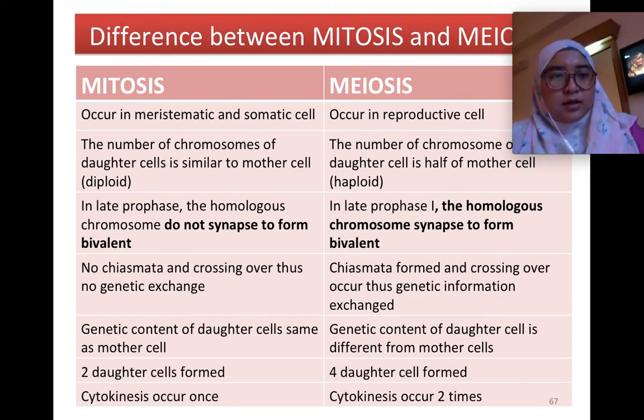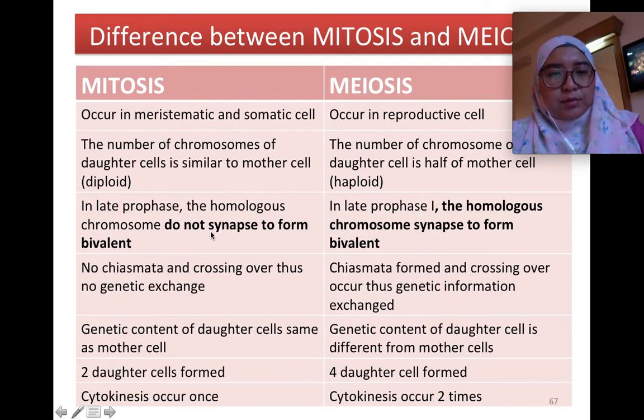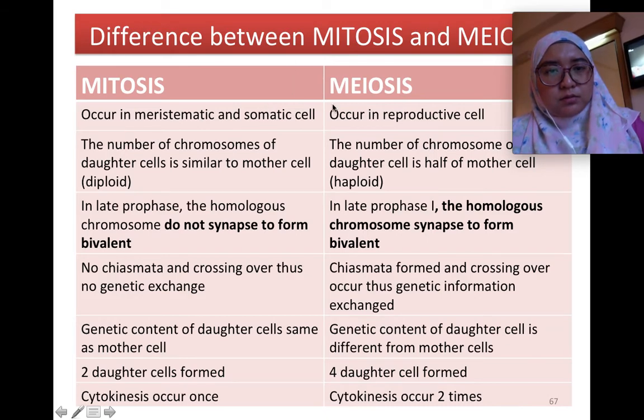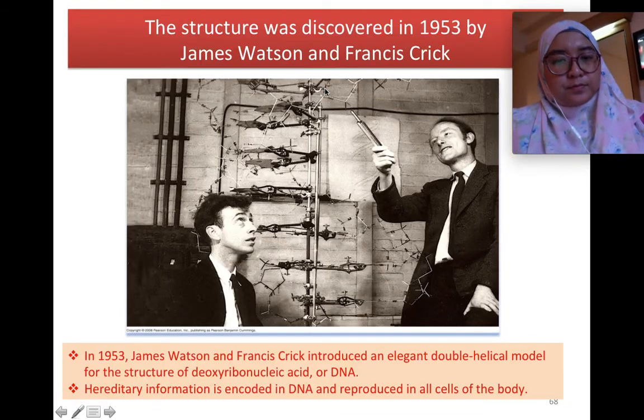And then what happens in prophase? Is there synapsis during mitosis? There isn't, right? So basically how many points do we have here? 1, 2, 3, 4, 5, 6, 7. 7 points that we can differentiate between mitosis and meiosis. And out of these 7, at least remember 5 and it should be okay.